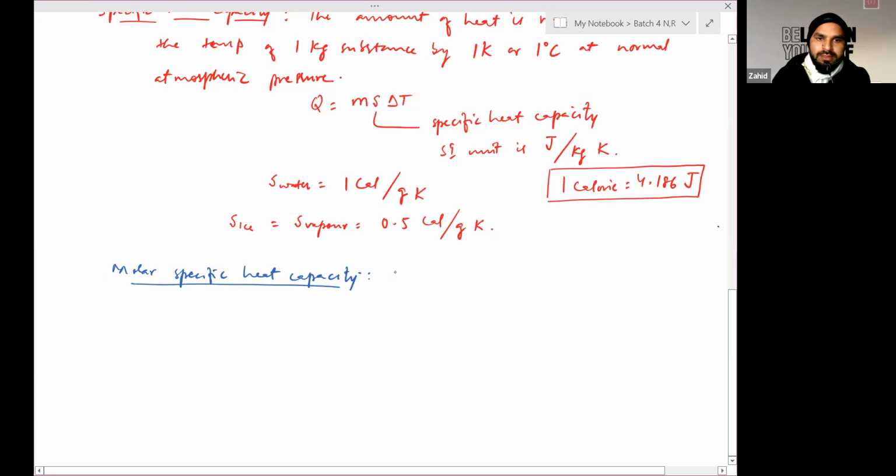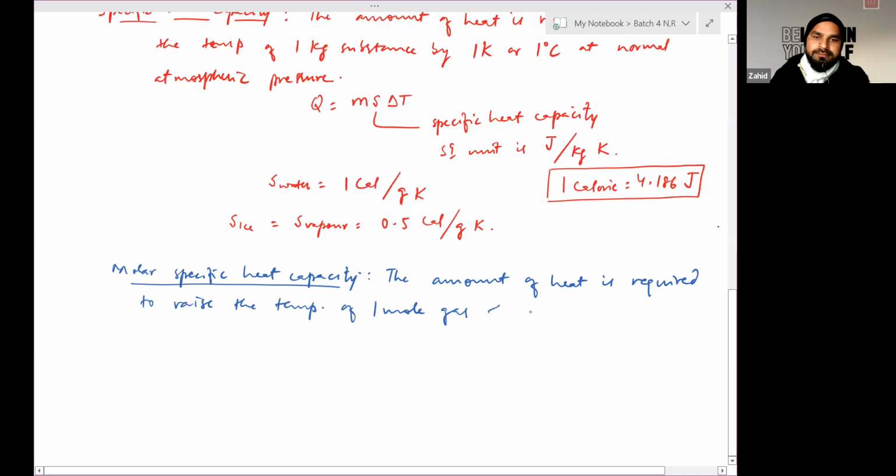This will be the amount of heat required to raise the temperature of 1 mole of gas through 1 degree Celsius or 1 Kelvin at a given condition.